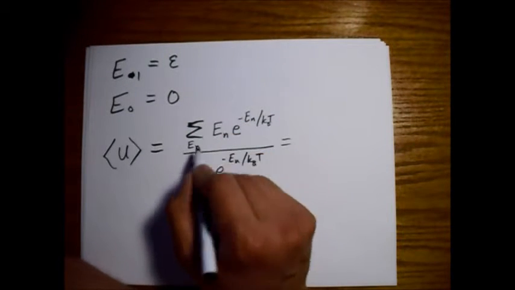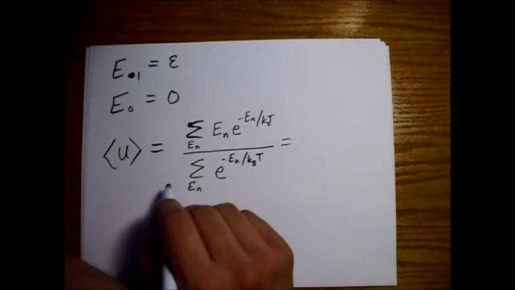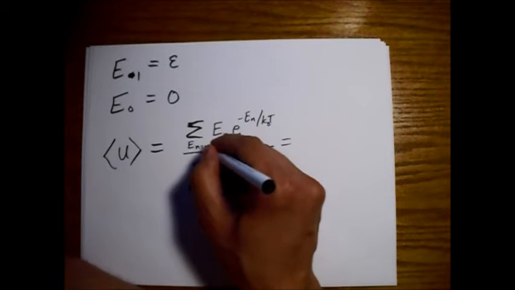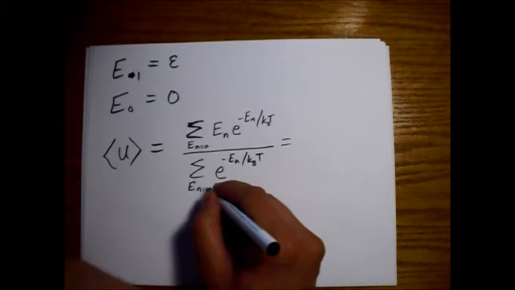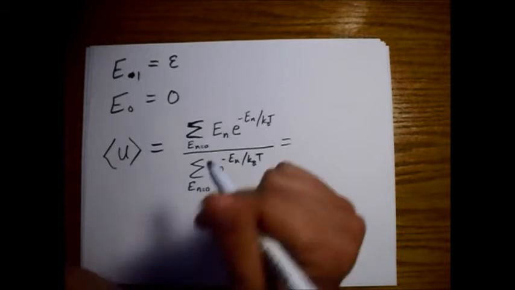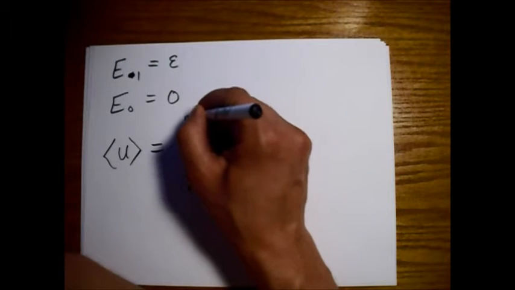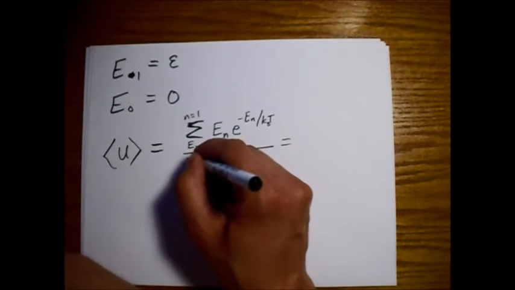These sums are from n equals 0 to n equals 1. I'll just write it up on top, n equals 1.